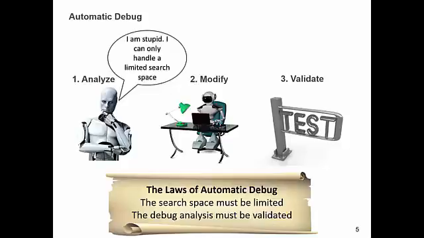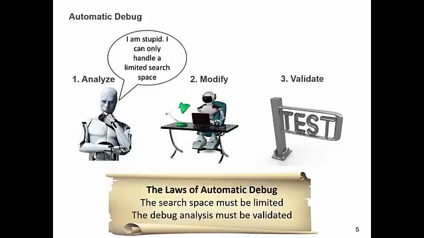You can't automate stuff which is sometimes wrong, sometimes right. It has to be a robust solution for people to rely on it and not try to second guess what it's doing. So the summary of this is the laws of automatic debug. You have to have a limited search space, and you must validate the debug analysis.